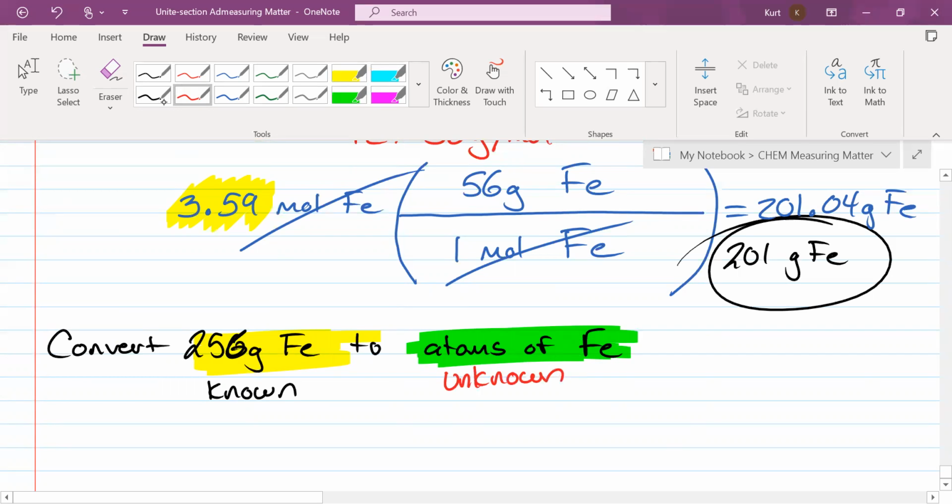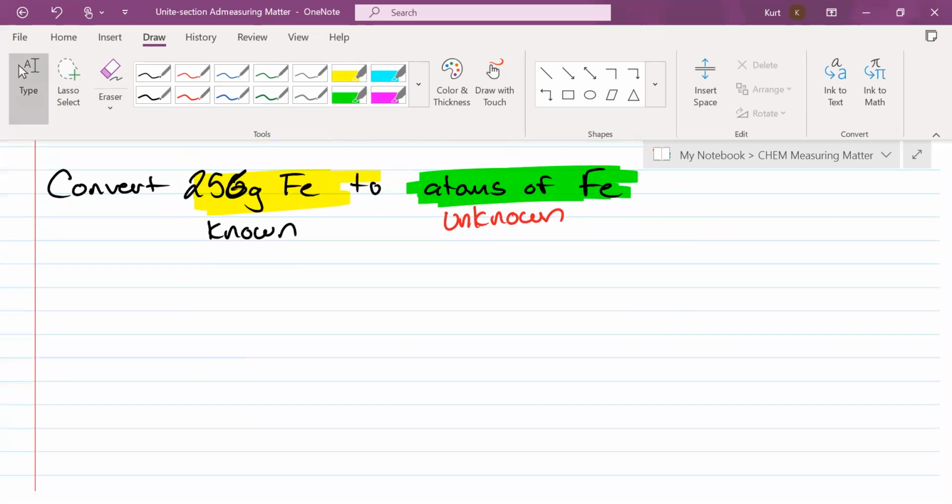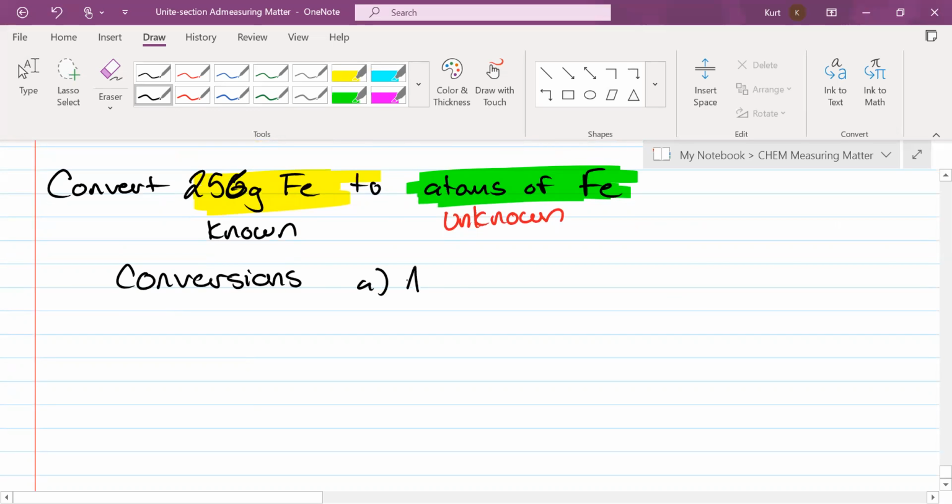So, do you guys have a conversion at your disposal that lets you go straight from grams to atoms? No. You do not. So this has to be a multiple step process. The two conversions that you will need for a problem such as this are A, Avogadro's number, and B, molar mass.